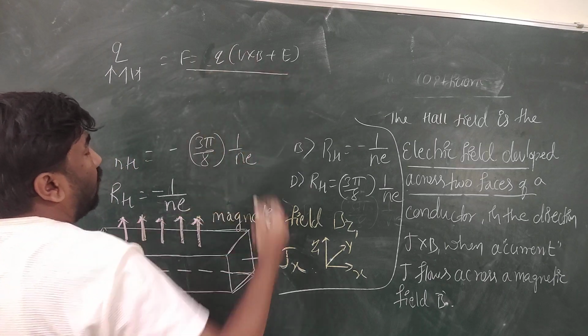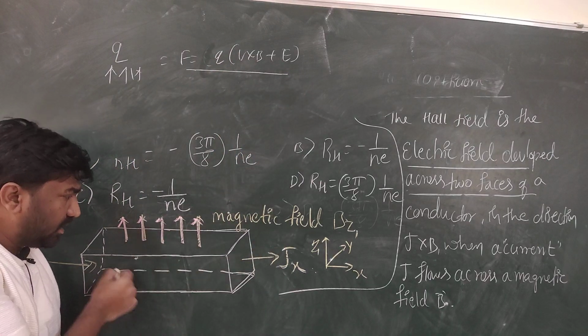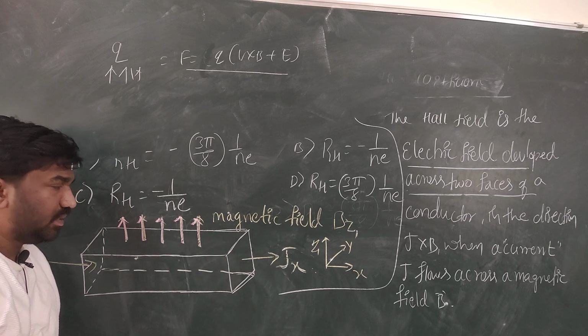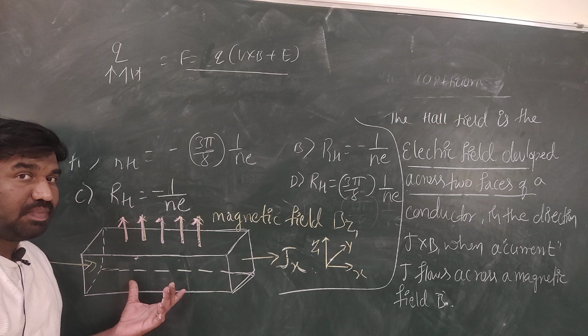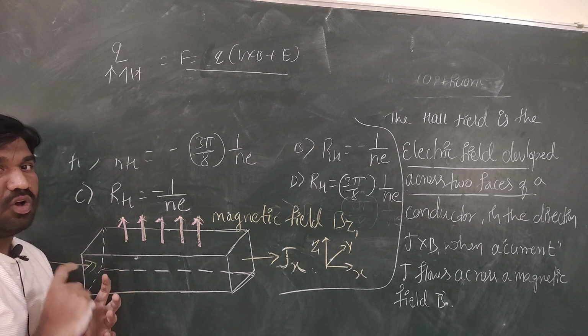Here also, a number of free electrons will be there in this specimen, and this specimen is placed in an electromagnetic field. So definitely there will be a Lorentz force.